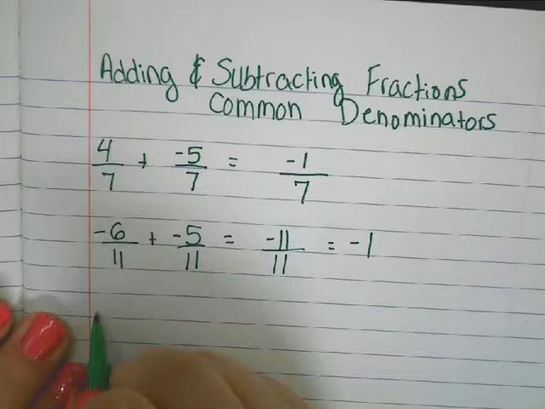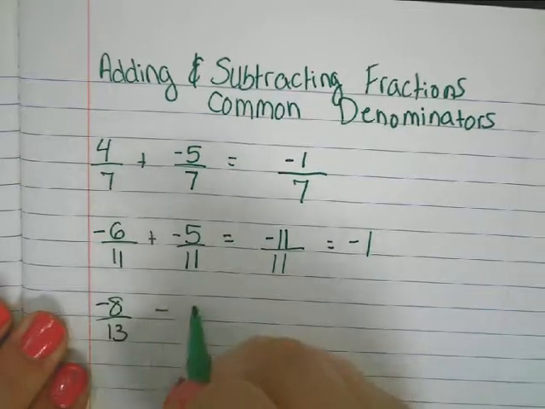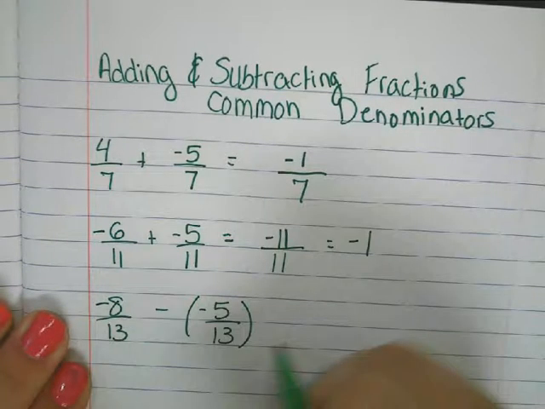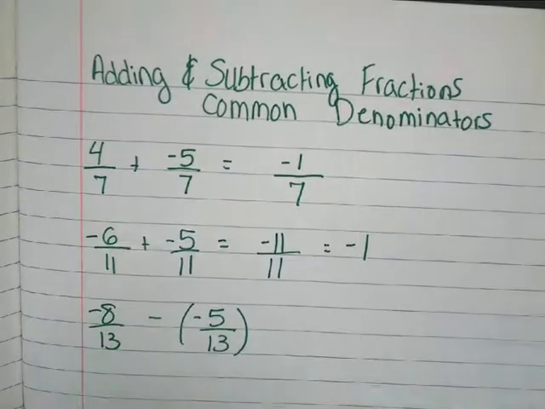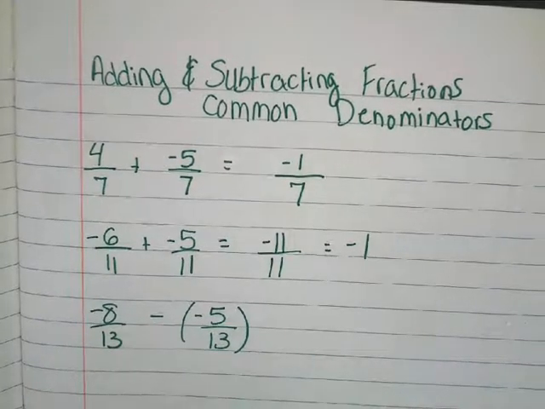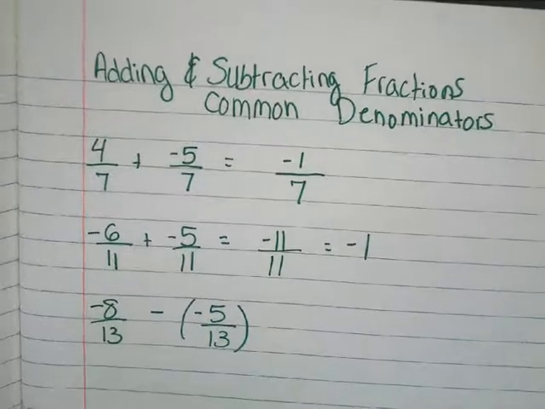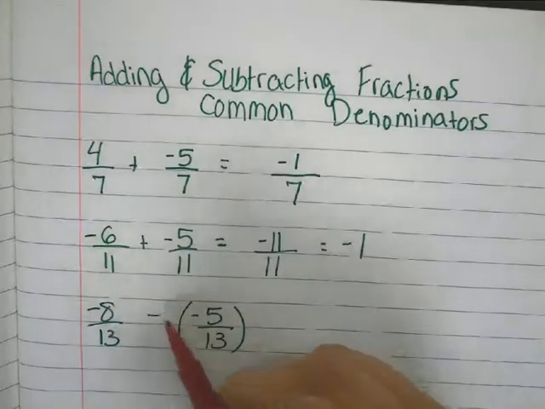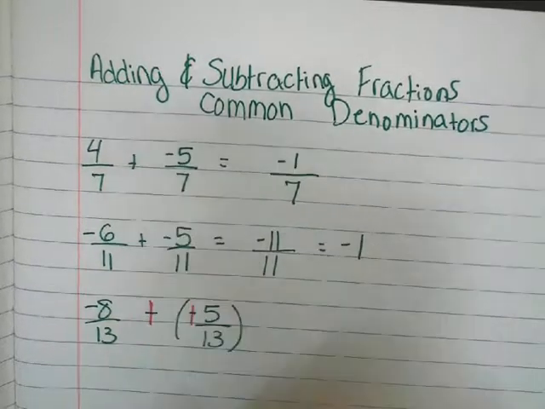Negative 8/13 minus a negative 5/13. So what do I need to do before I can solve it? Keep flip change. So keep negative 8/13, change the minus to a plus, negative 5 to a positive 5.